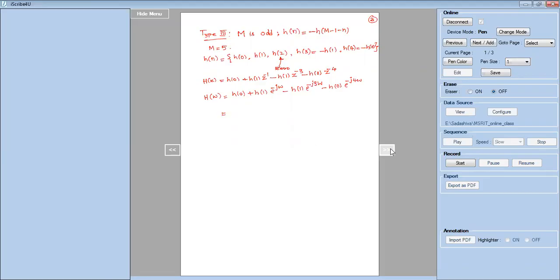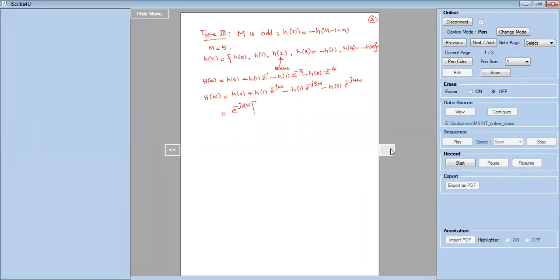Now here I will choose the m minus 1 divided by 2 as the center value. m is 5, so m minus 1 is 4, 4 divided by 2 is 2. So it is e to the power of minus j 2 omega.